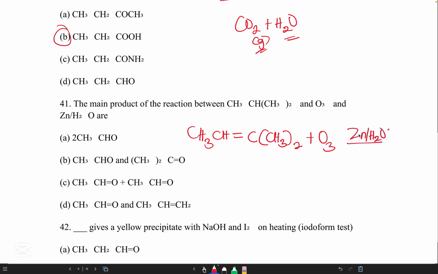Now this is what we call ozonolysis. And in ozonolysis, the main product of this reaction is a very simple something.